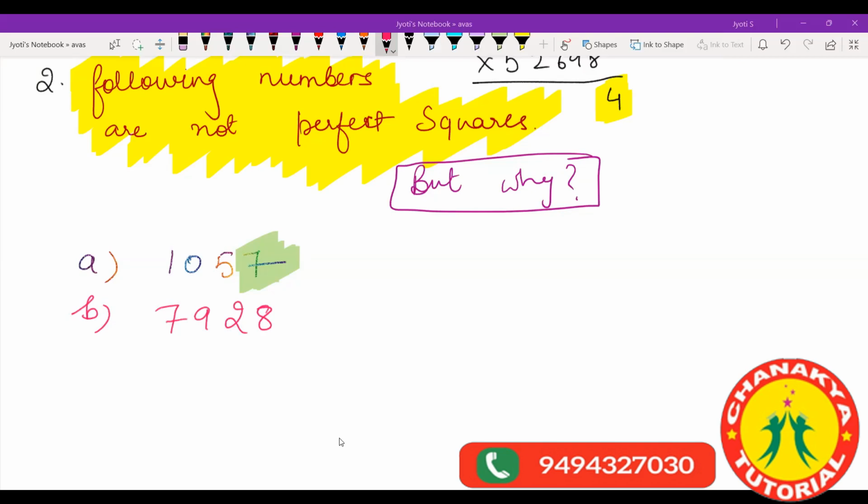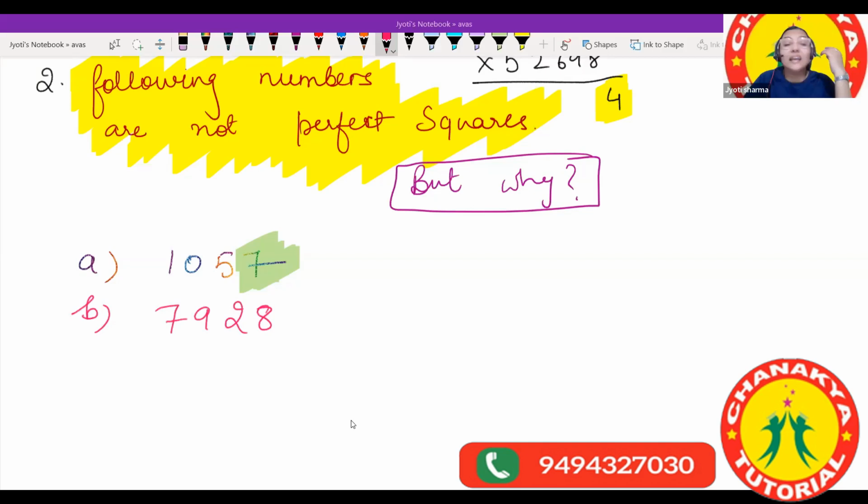Ma'am, can I type the numbers? Very good. 1057? Charan Tej correct. Nayanika correct. Need other answers as well. Yeah, very good. So you all are saying that the unit place of this number is 8.